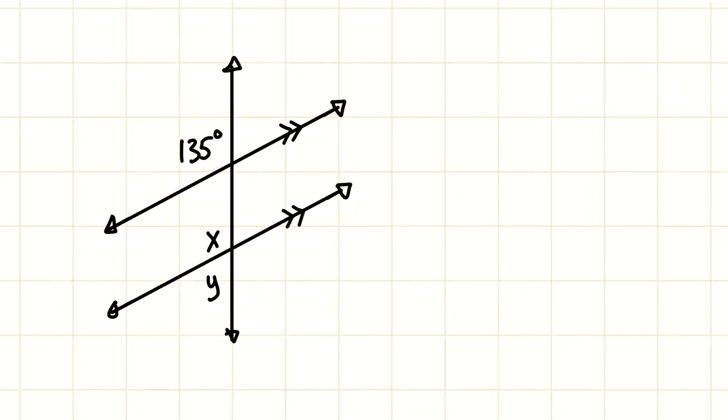So I'm going to highlight this. And if I highlight that angle and I translate it, I notice it fits perfectly on x. So then I could say, in this case, that x is equal to 135 degrees.